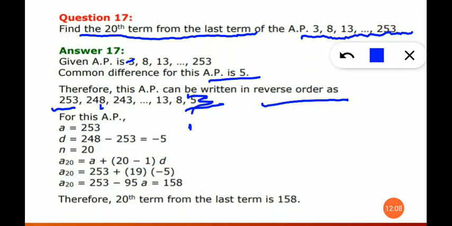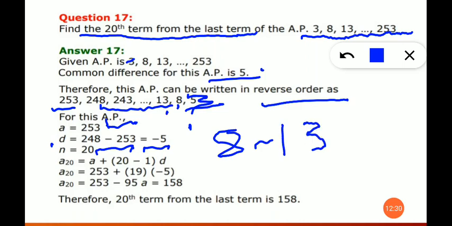So now we will consider this new AP, and for this AP, a is equal to 253. D we already know is 5, so for the reverse AP it will be minus 5. Otherwise, you can find it by subtracting 8 minus 13, which is equal to minus 5.